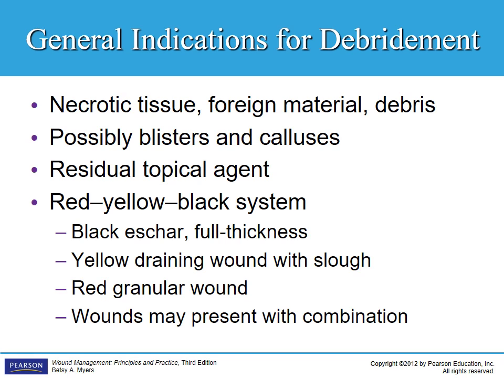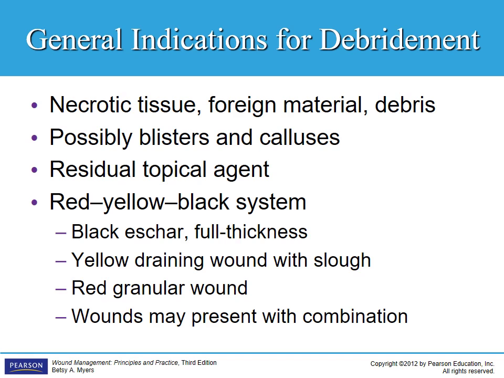So there are times where the callus needs to be debrided off so that the tissue can start to heal and can have a normal fluid level. And again, we'll talk more about that in neuropathic ulcers because that's especially prominent on the feet of diabetics.